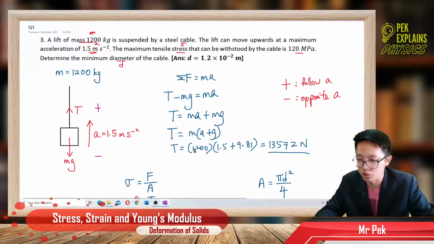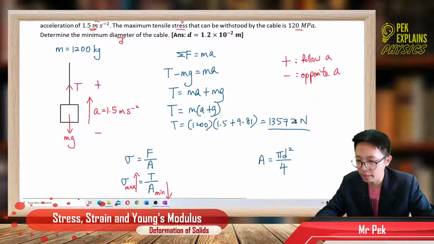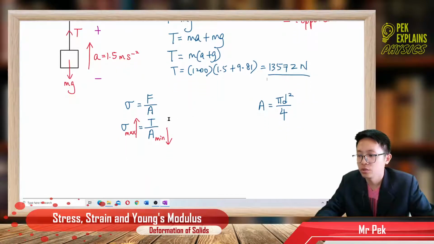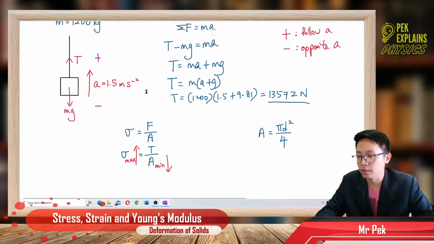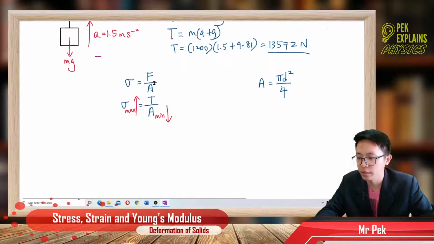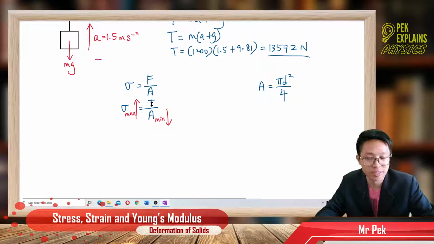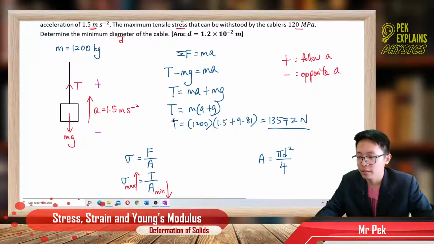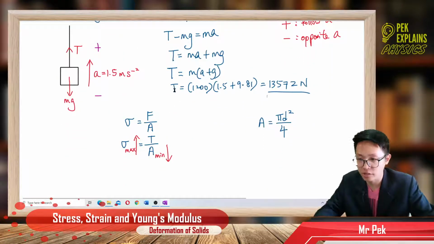So this tension will cause the stress in the cable. So what is stress? Stress is force over area. Why does the cable have force? Because it has tension. So the force in the cable is the tension, isn't it?